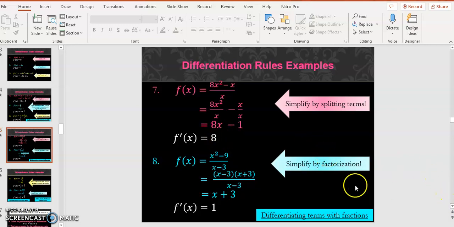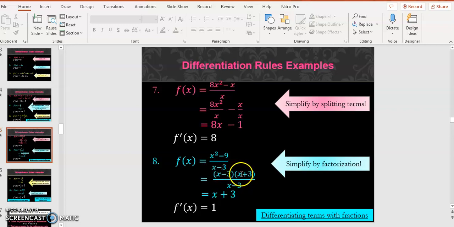Then the next one, x squared minus 9 over x minus 3. This one is difference of 2 squares, grade 10. So we can write this one as x minus 3, x plus 3 over x minus 3. Then this and this is going to cancel.